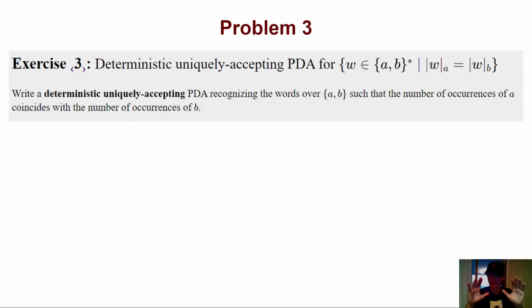They are not saying you must have first the A's and then the B's, or the B's first and then the A's at the end. They are not specifying anything like that. The only condition that we have here is that we must have the same amount.